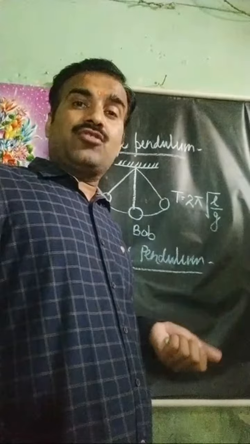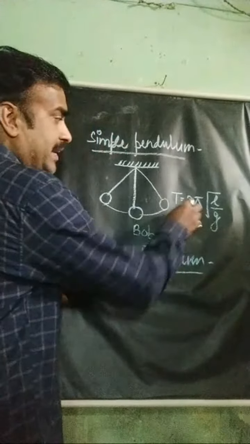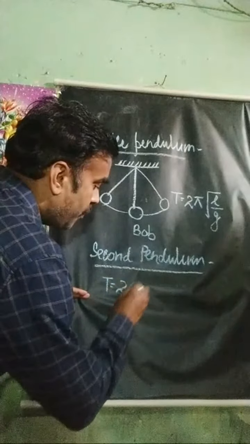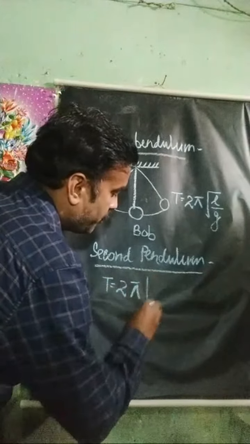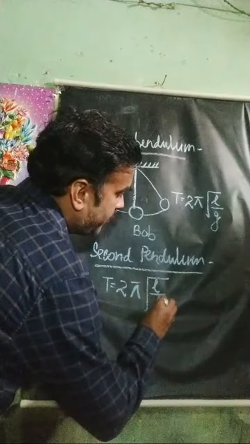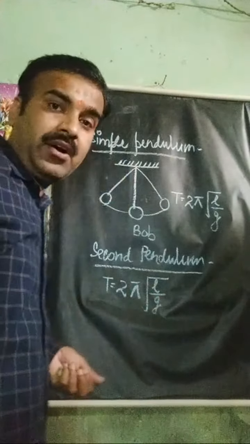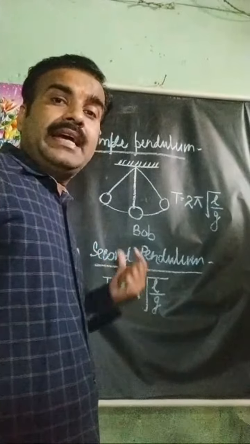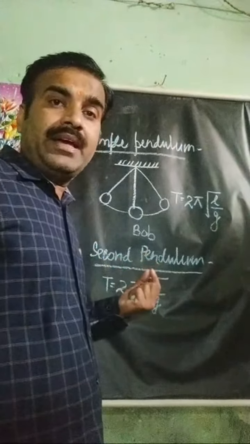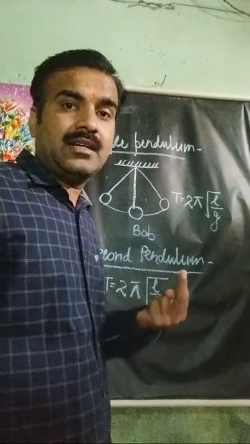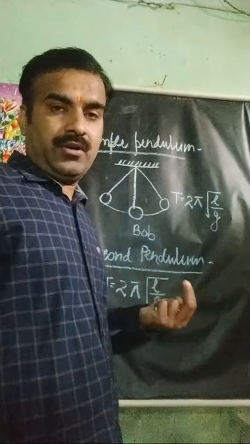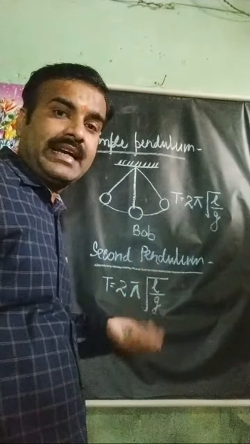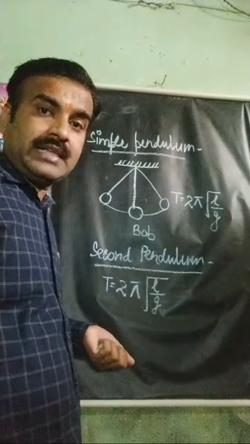The formula is T equal to 2 pi under root L by G, and according to the definition, a pendulum whose time period is 2 seconds is called a second pendulum.